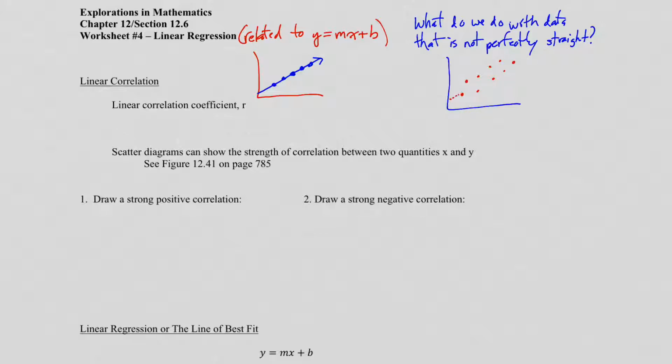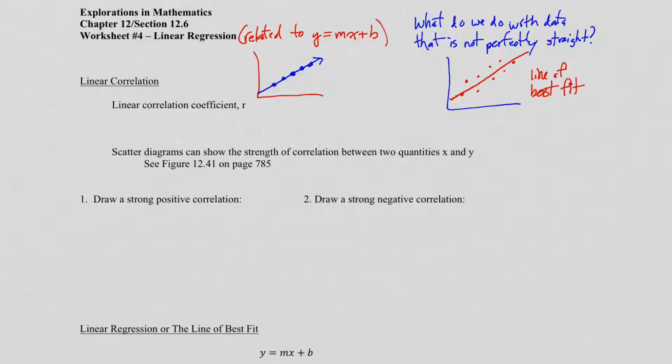But we can kind of draw a line of best fit, sort of in the middle, that represents the general direction of the data. So this is called a line of best fit. It's the best that we can do, and so we're going to go through a formula that will help us calculate this line. And there are definitely going to be decimals involved.